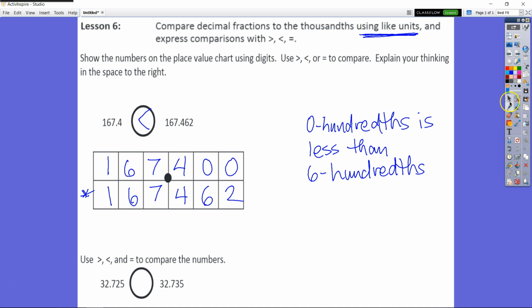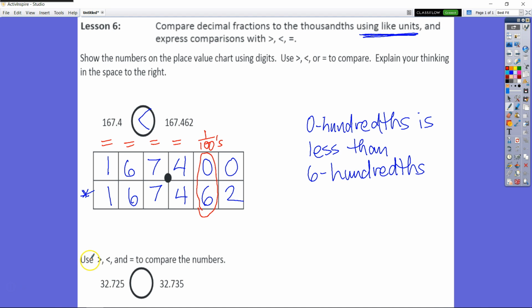If you were to identify this place value as hundredths and circle that, we would know that all of these are equal, and our 6 is greater than our 0, so our number at the bottom will be greater.